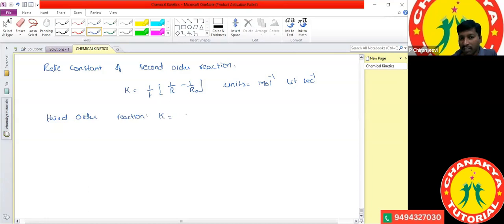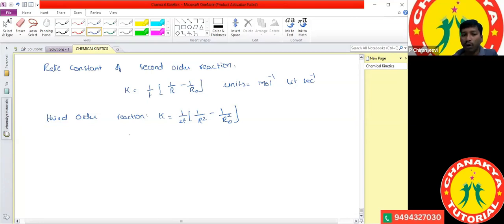K is equal to 1 by 2t into (1 by R square minus 1 by R naught square). R naught is nothing but initial concentration, R is final concentration, and t is time. So these are the general formulas we have here.